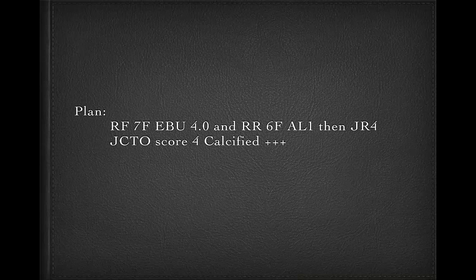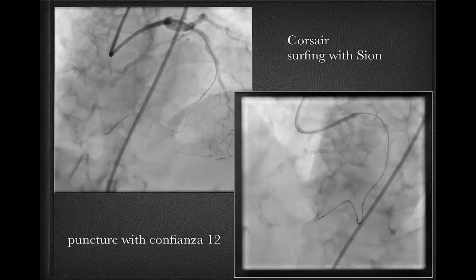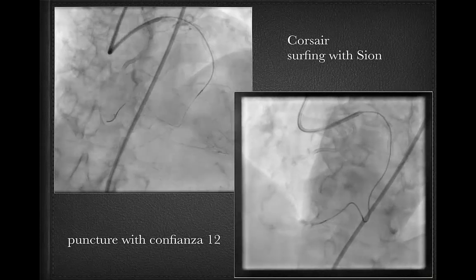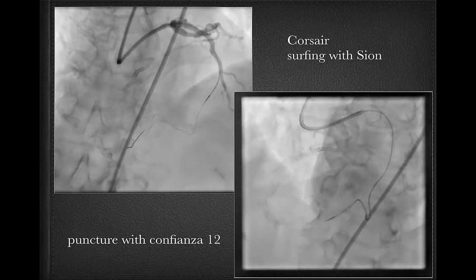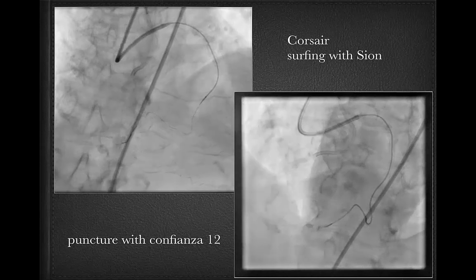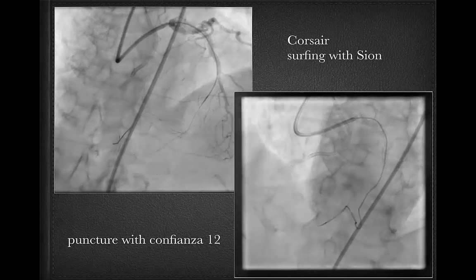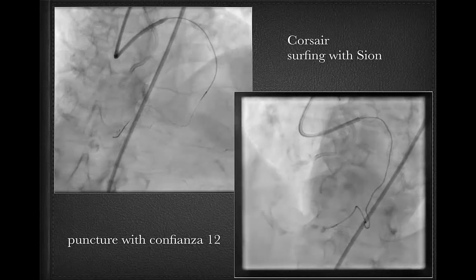So femoral and radial approach, J-CTO score 4, very calcified. So I get with Corsair, and it's regular science this time, and find a way inside this septal channel.